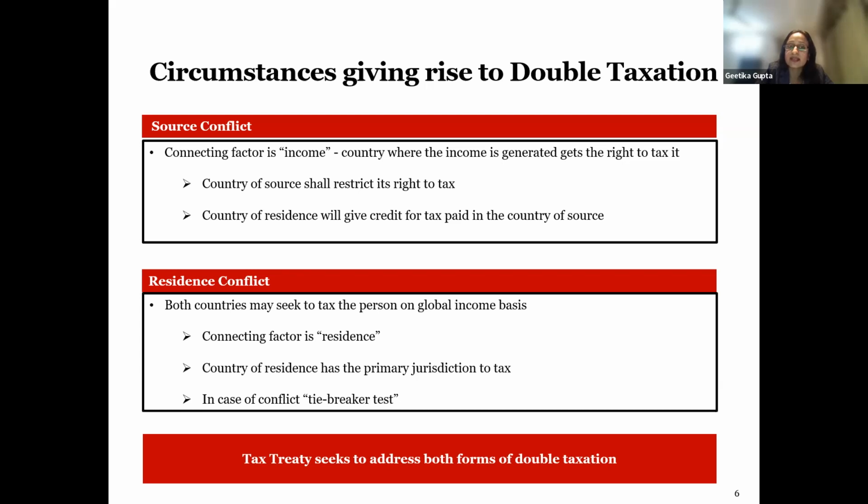There may be cases when the income is taxed in both the countries. In such cases, the treaty provides for allowing credit of taxes in the country of the residence.